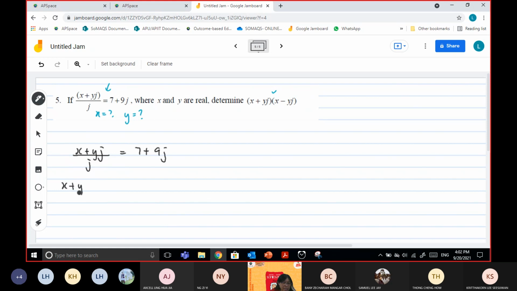So what should you multiply? If you only have a j, you can multiply by j also, or you multiply by minus j, also correct, because there is no real part here.